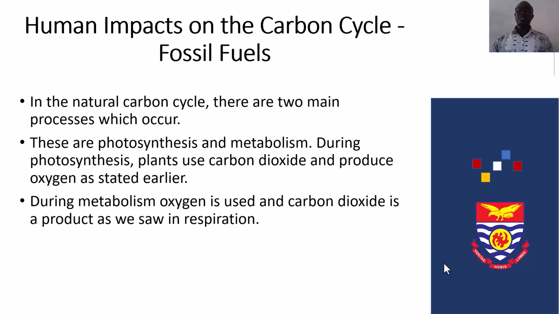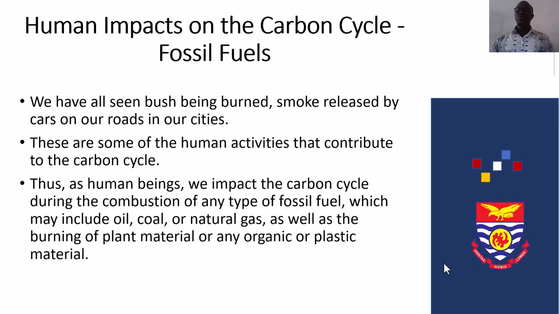In the natural carbon cycle, there are two main processes which occur. These are photosynthesis and metabolism. During photosynthesis, plants use carbon dioxide and produce oxygen as stated earlier. During metabolism, oxygen is used and carbon dioxide is a byproduct, as we saw in respiration. We have all seen bush being burned, and smoke released by cars on our roads, in our cities.